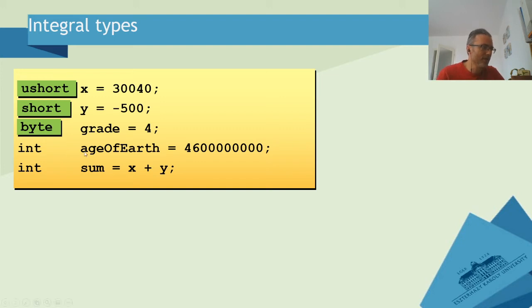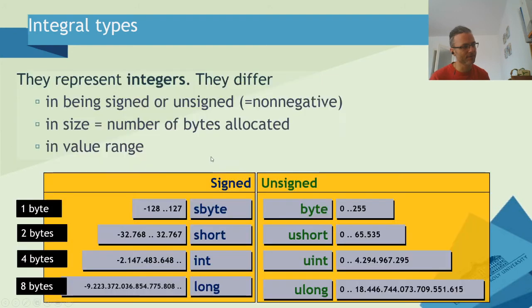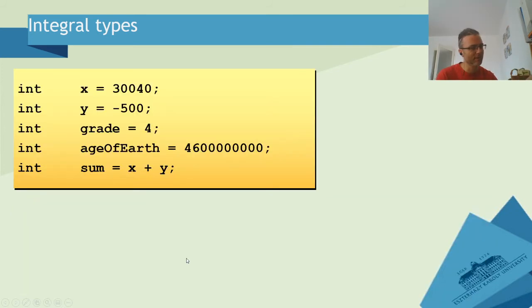Here, if you type this instruction in Visual Studio, you get an error message because int is not sufficient for such a high number. Definitely ulong. In int, the maximum value is about 2 billion, which is not enough here.